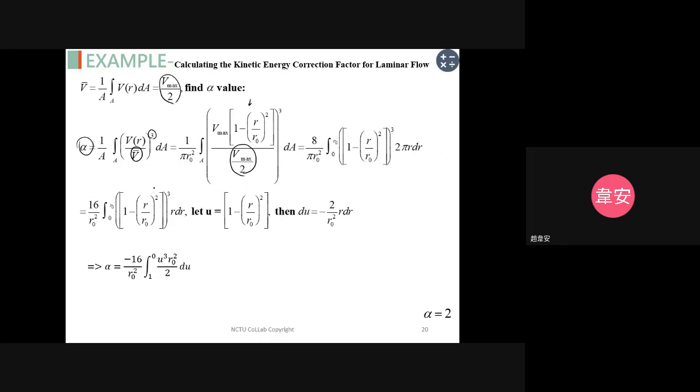So you can see this integration along the area is too complicated. So right now we just make a new variable to replace some parameters.